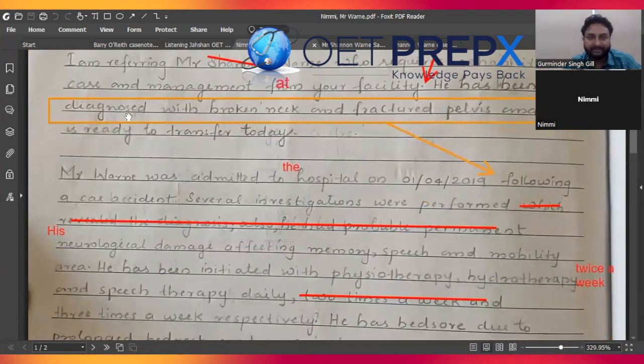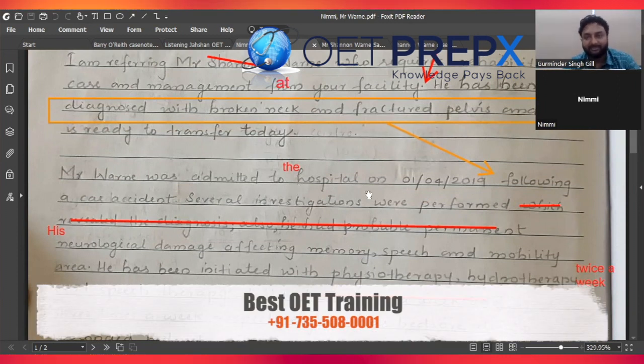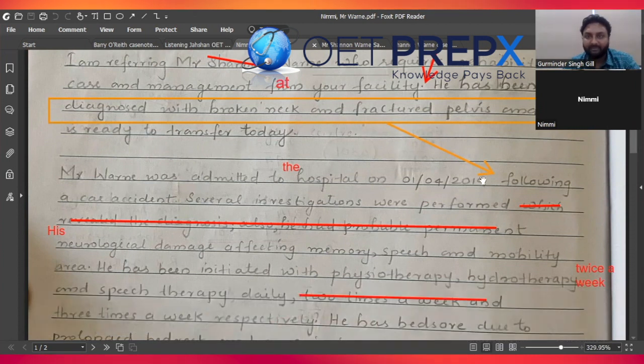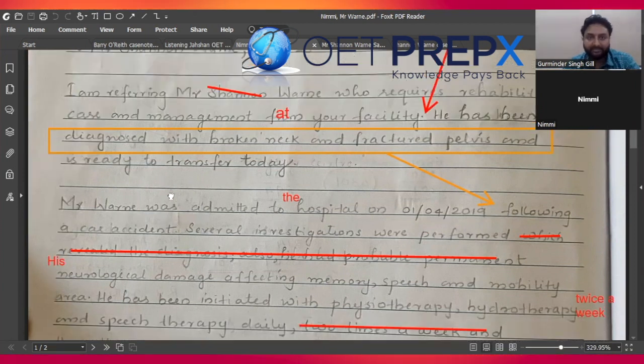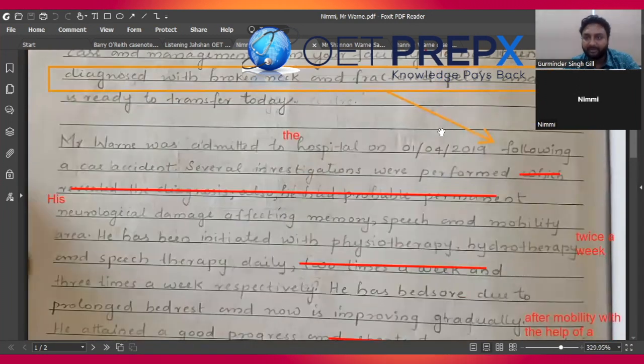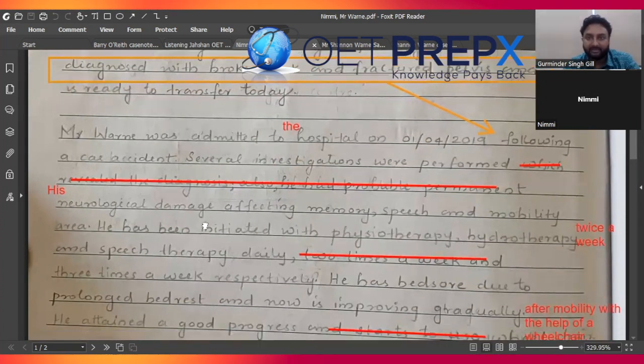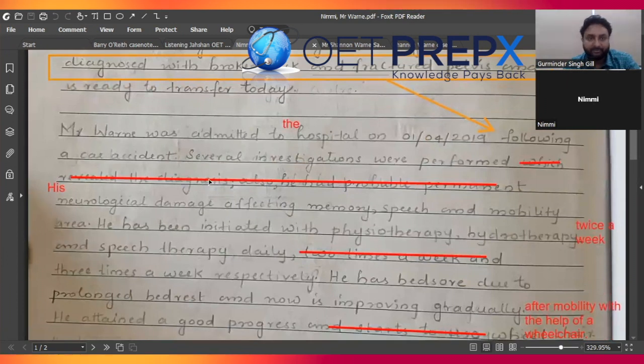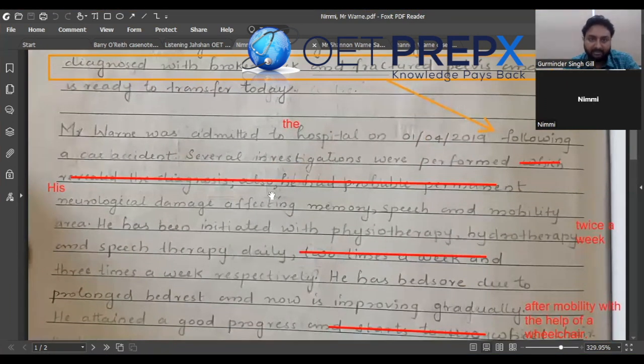Okay. Now, this information can be given in the second paragraph, where you write Mr. Vaughan was admitted to the hospital on this date, right? And then you can mention that with a broken neck and fractured pelvis, following a car accident. Now, this can be mentioned in this manner. Several investigations performed then revealed the diagnosis.